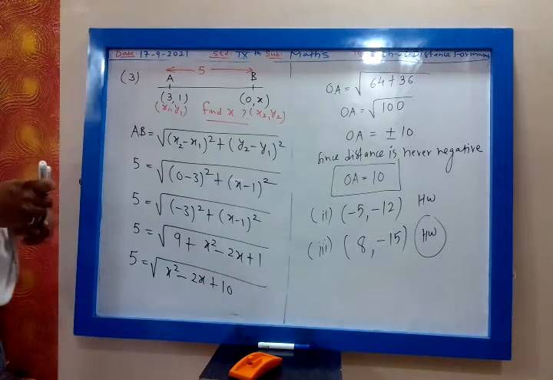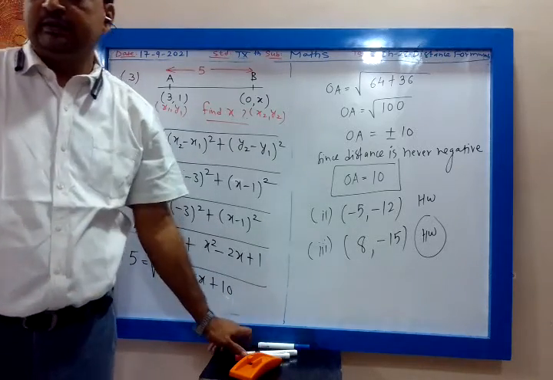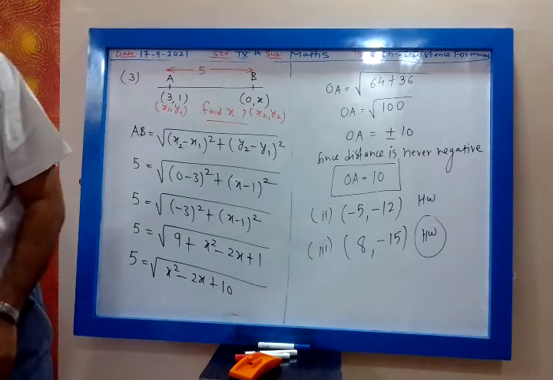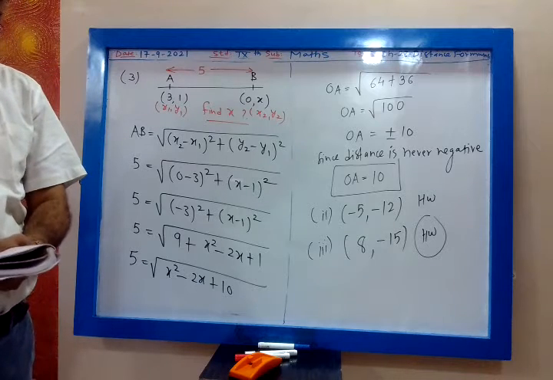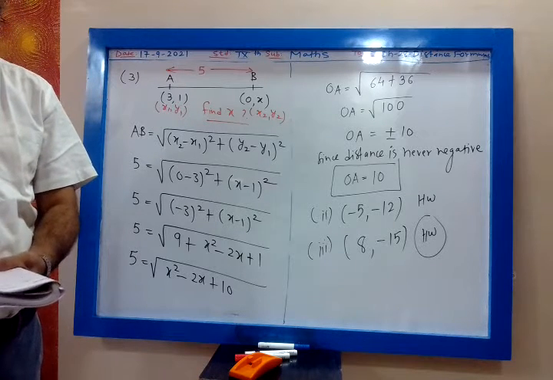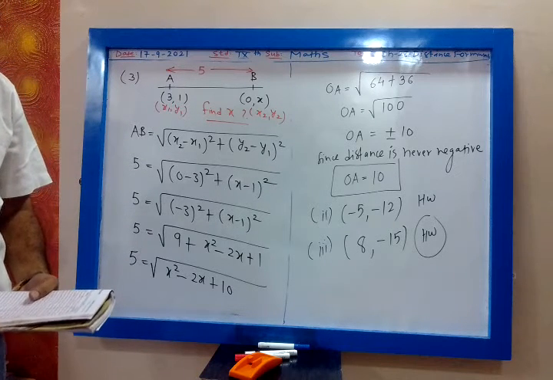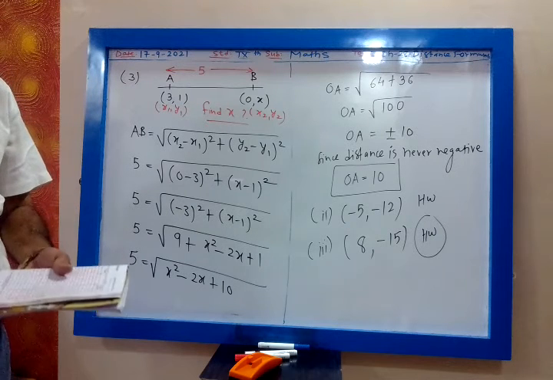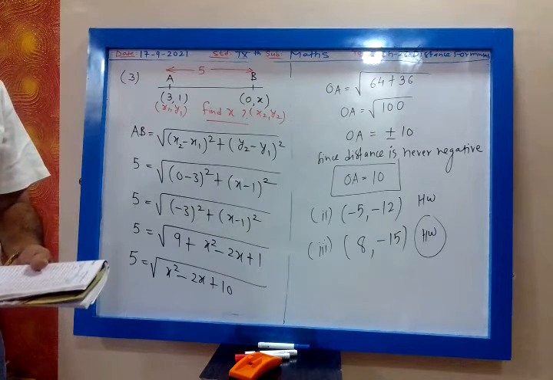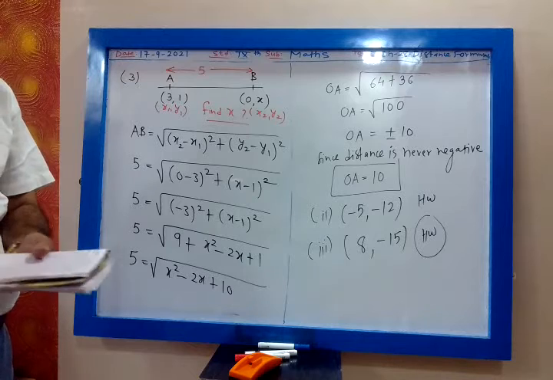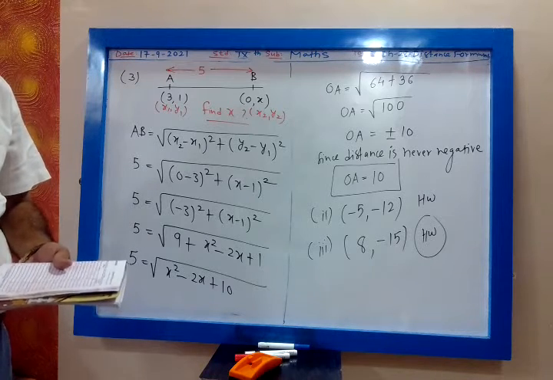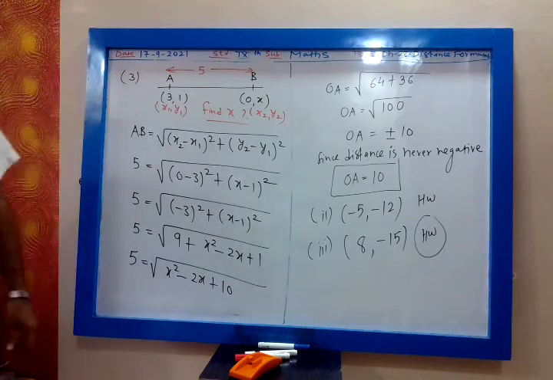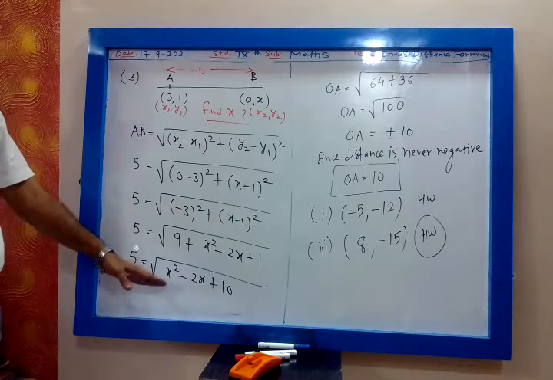Now solve further. Let me see how you solve further. Squaring both the sides, you remove the square root sign. Those who are joining late, this is not the time to do. Simplify further.